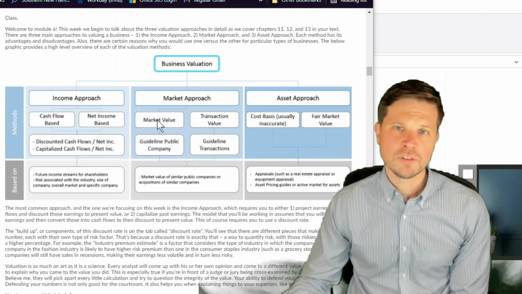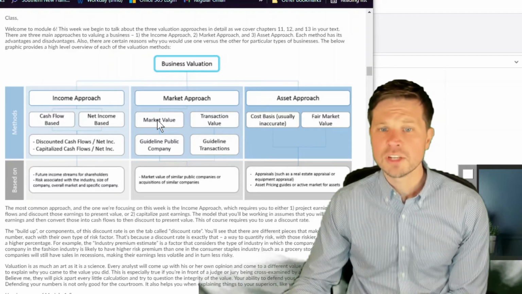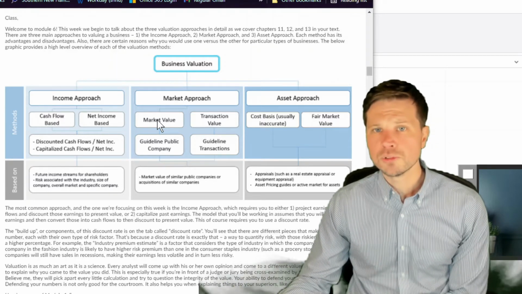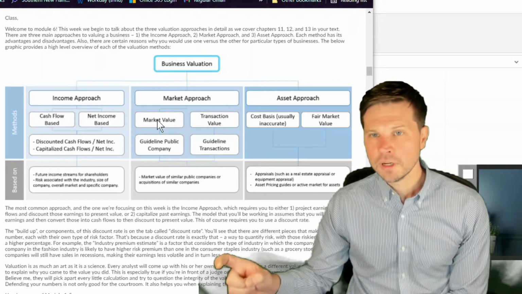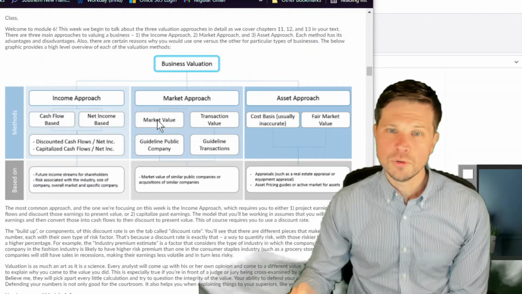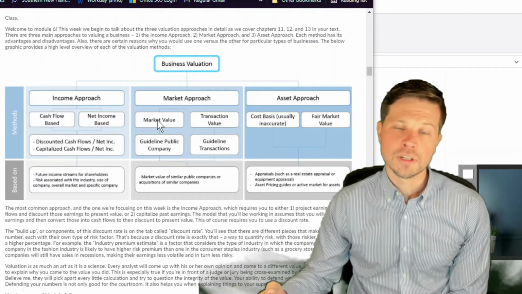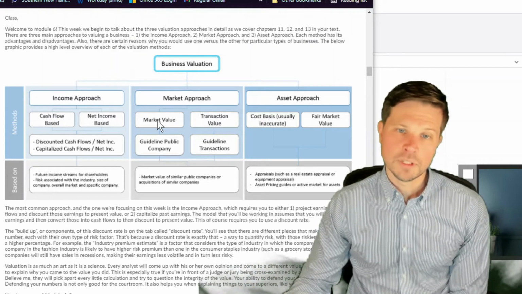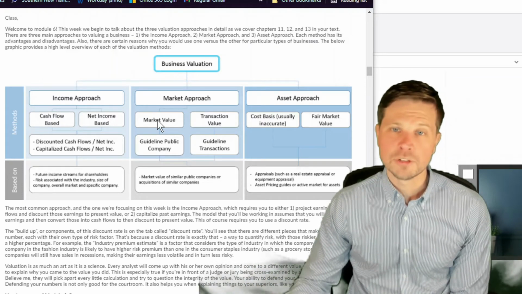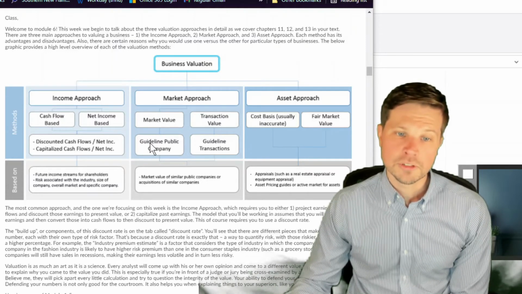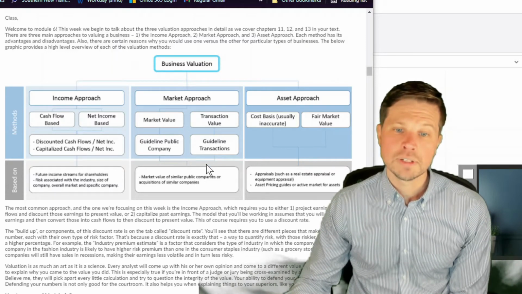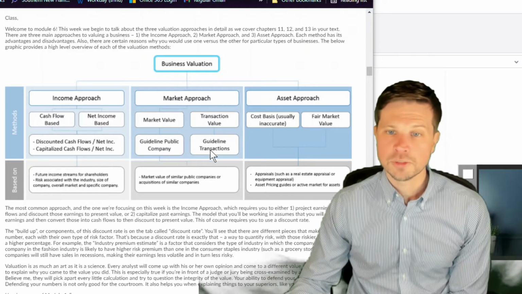They publish private transaction data, transactions of private companies, and you can use multiples of those companies and extrapolate those and apply them to whatever company it is that you're valuing, and that would be the value based on the market approach. And the market value using publicly traded companies is called the guideline public company approach, and if you're using the transactions, it's called the guideline transaction approach.